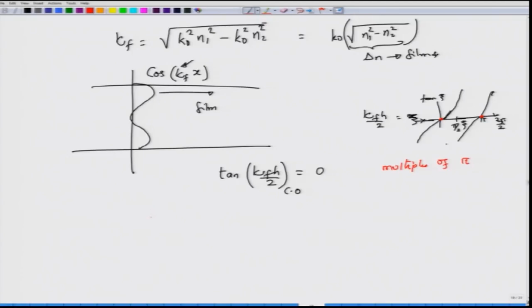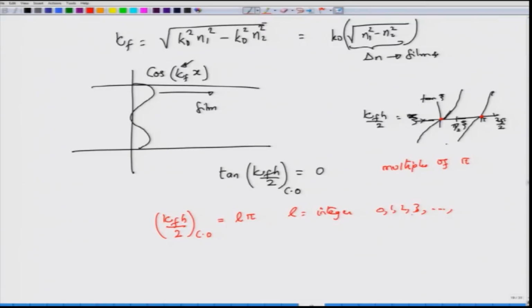Okay. Now, is this any helpful to us? So, let us look at this. I have kappa f h by 2 under cutoff being equal to some integer L times pi, where L is an integer, 0, 1, 2, 3 and so on, and different modes are possible with this.